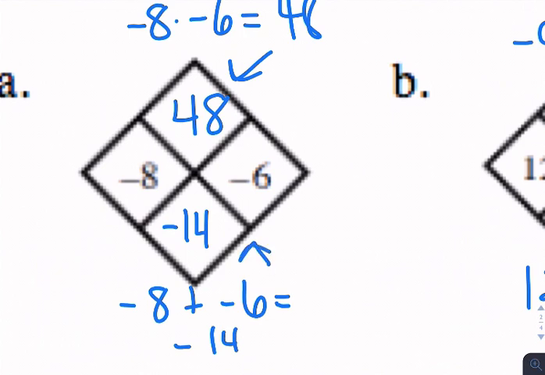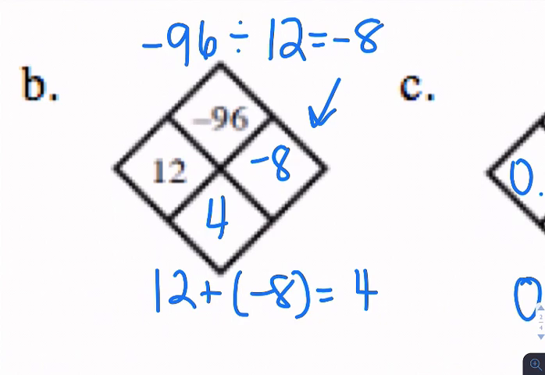So that one goes there. And then this one, I get negative 96 divided by 12, and I get negative 8. So negative 8 is my other factor, so then I do 12 plus negative 8, and I get positive 4.